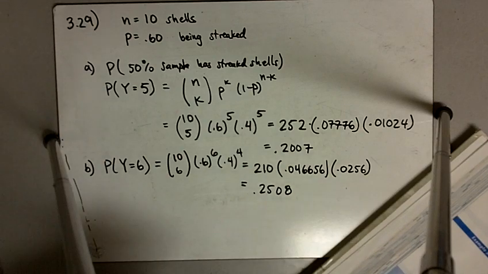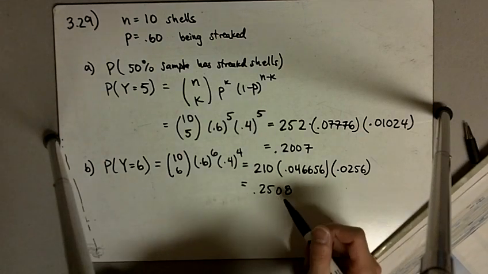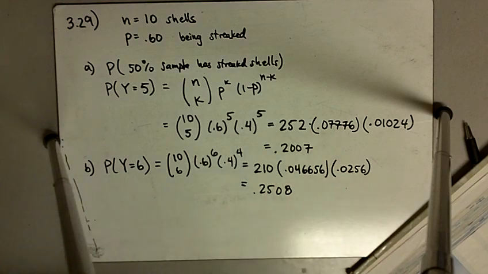So about a 1/4 or about a 25% chance that out of our 10 shells, 6 of them will be streaked.